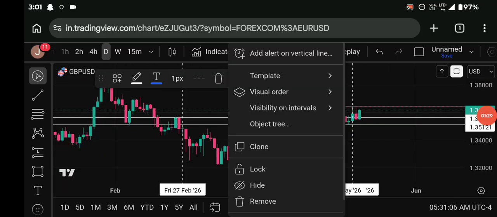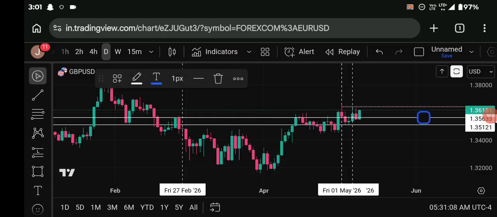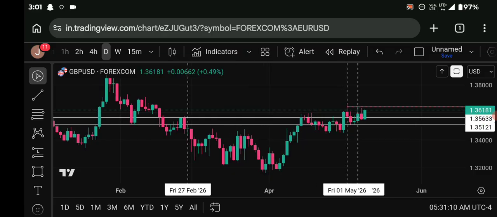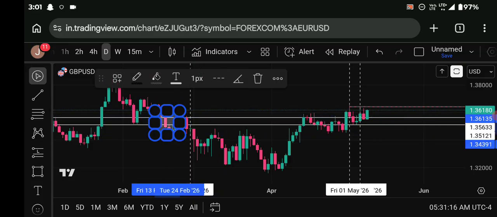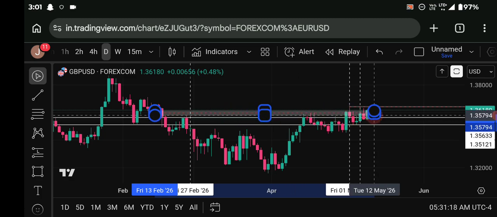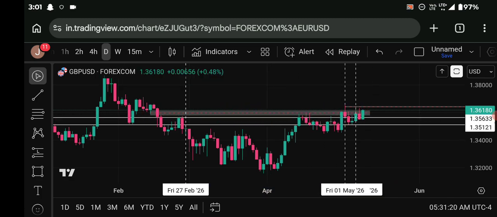Also guys, on the GBP USD you can see, ignore all these lines and focus on this thing. There is a daily bearish fair value gap which price has tapped into.